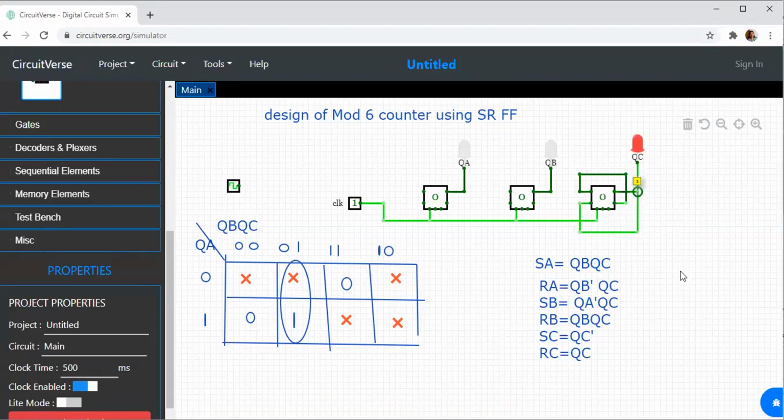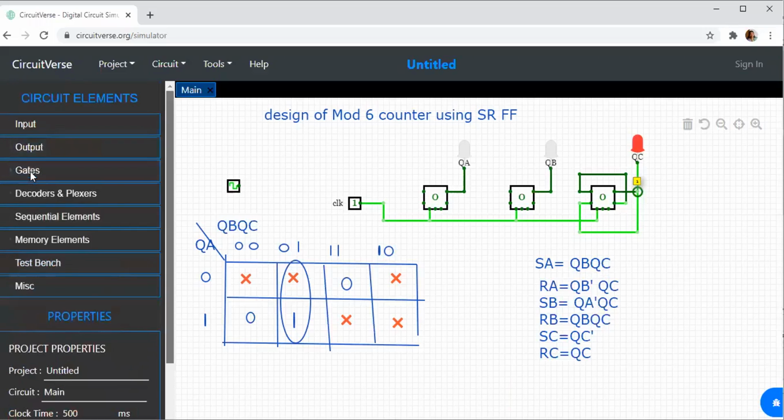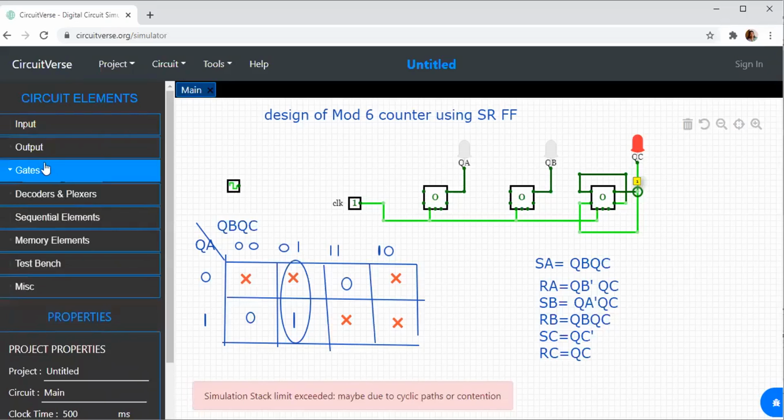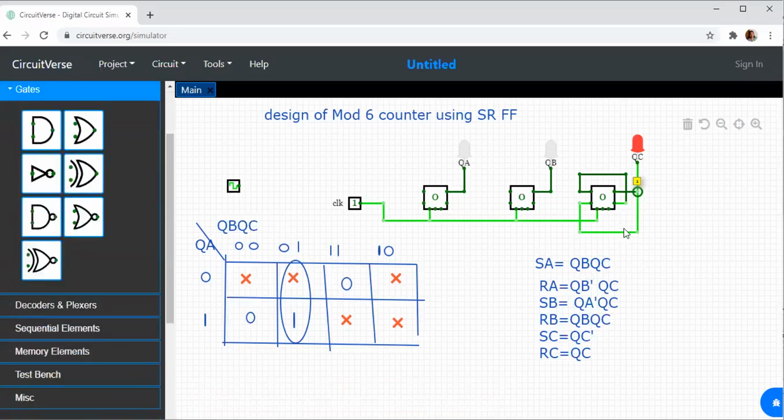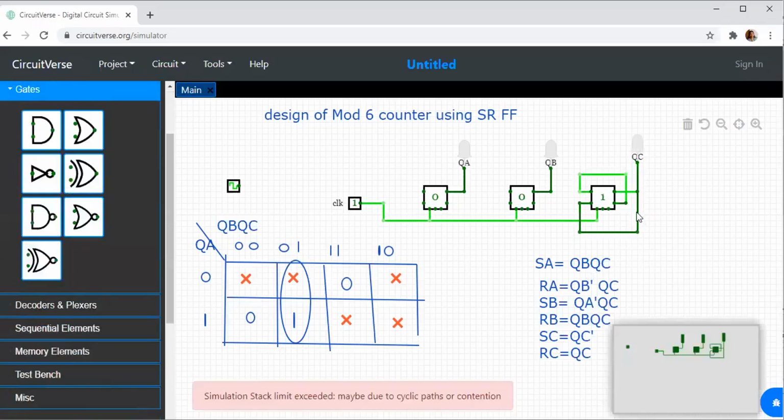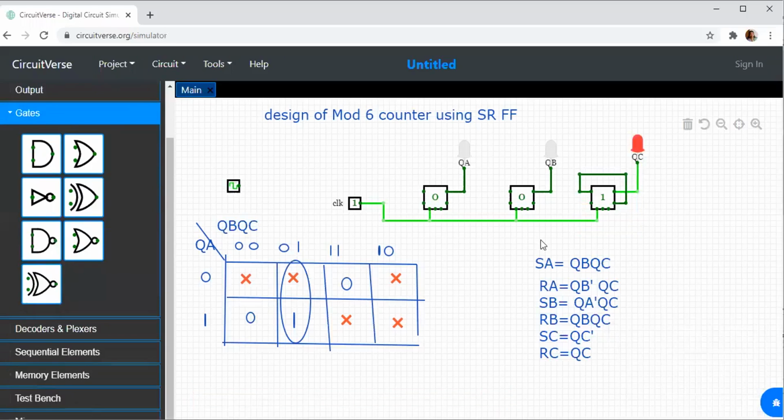Now what is SA? SA is equal to QB into QC. That means I have to use an AND gate. Now SA will be equal to QB into QC.